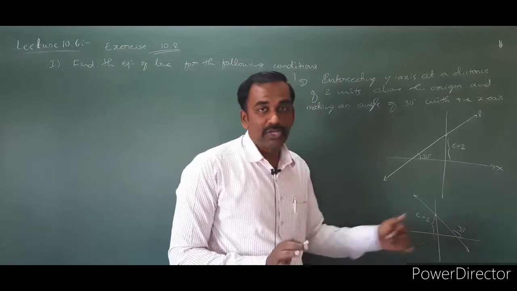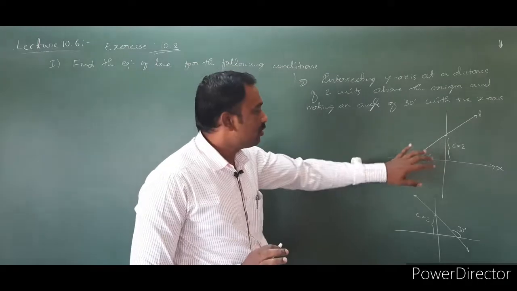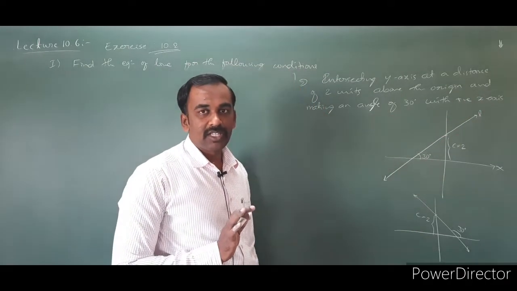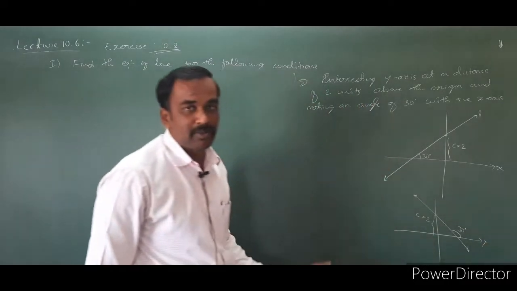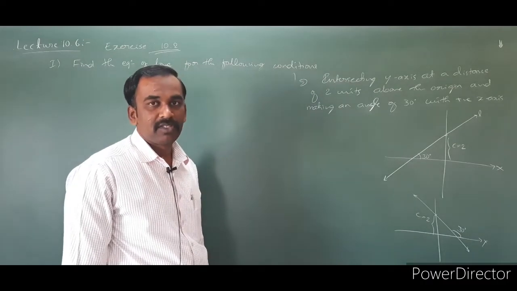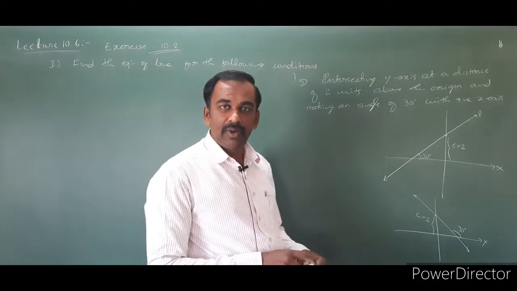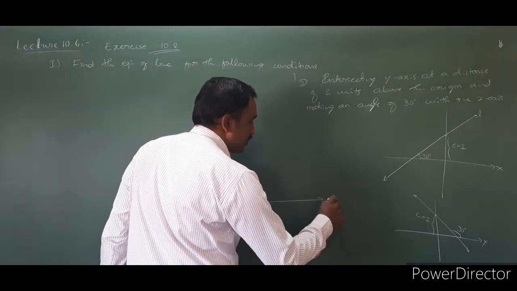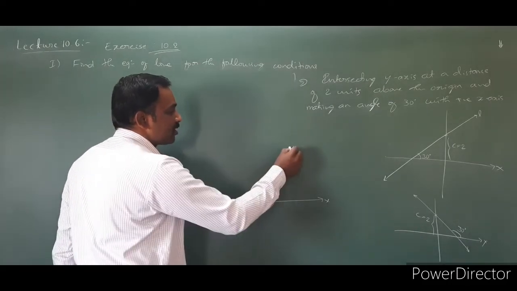If you take this orientation, practically it is true, but with the condition of the positive x-axis, there is a little bit of confusion. Here the positive x-axis is there, but practically the angle is not suitable. Then which one is correct, first one or second one? Obviously the first diagram is correct. Why? Observe that. They are saying the angle is subtended with the positive direction of the x-axis. This is the line.